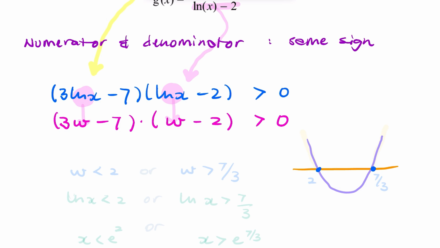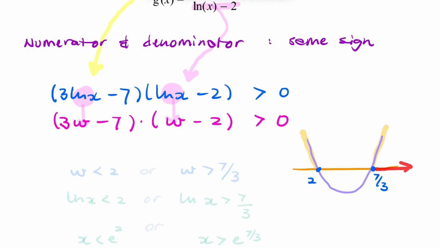So here you've got 2 and here you've got 7/3. And because we want the parabola to be positive, then that will be these upward parts of the parabola.